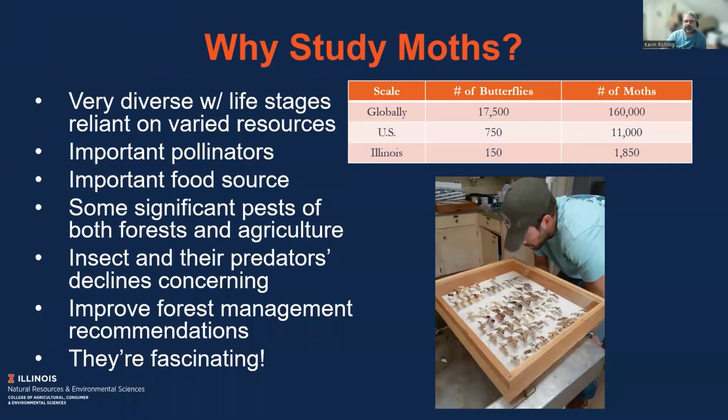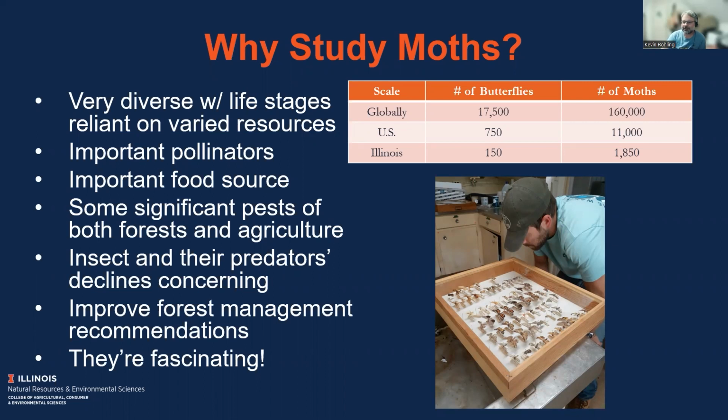So with that in mind, why are we interested in looking at moths and how forest management might affect moths? So moths, if you're not aware, are incredibly diverse. So we have this little table here in the top right that shows the number of butterflies versus the number of moths.